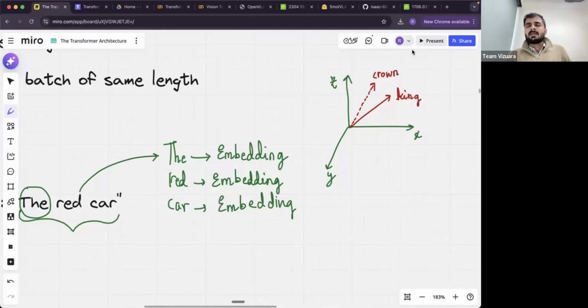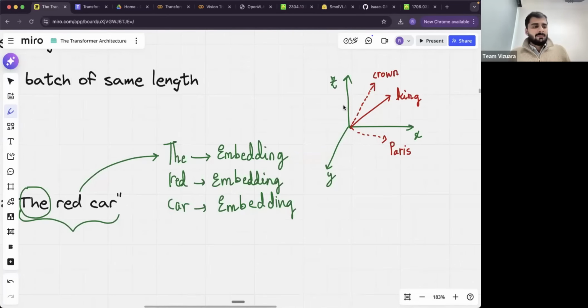And if I look at an embedding for Paris, then there is not much connection, so it's probably going to be a bit far from the embedding for the word king. So you can consider an embedding as a vector representation for every single token in the sequence, which captures the semantic information of that token.